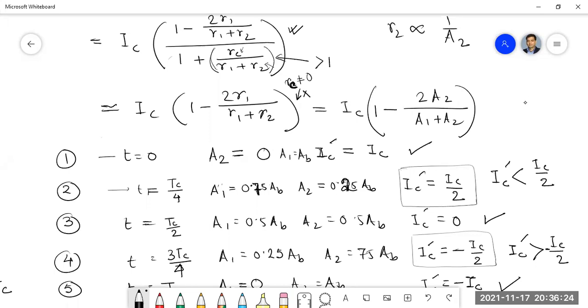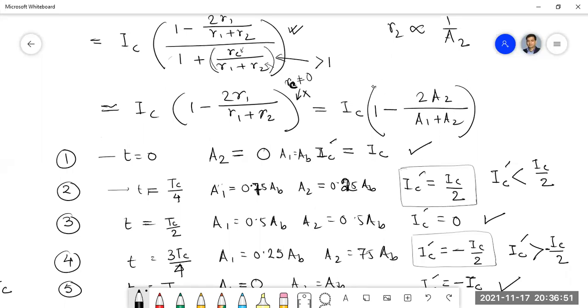Is it more negative? No, sir, less negative. Less positive and less negative, isn't it? In both the cases the value will be less. Okay, now go to the previous diagram.